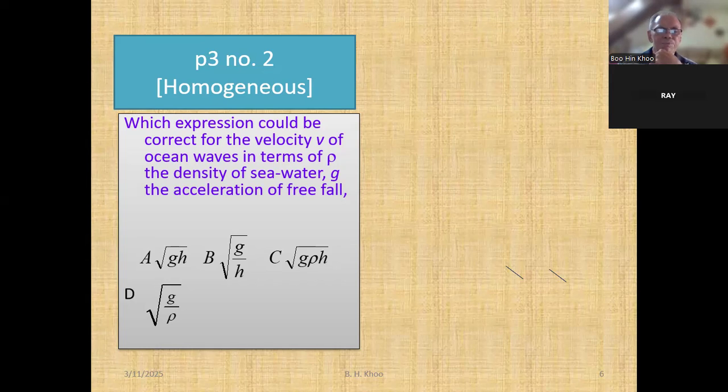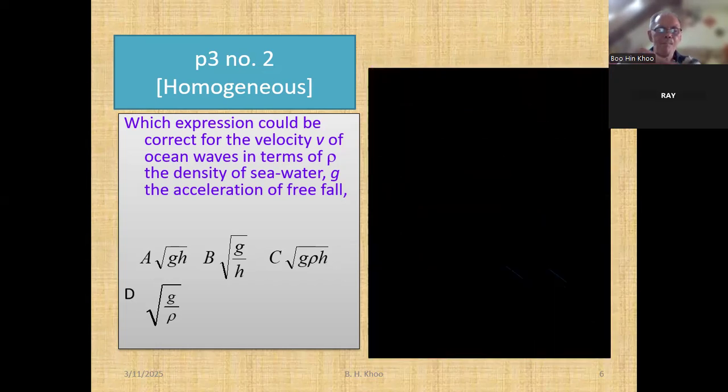Which expression could be correct for the velocity of ocean wave in terms of rho, density of seawater, g, acceleration due to gravity? H is the height.